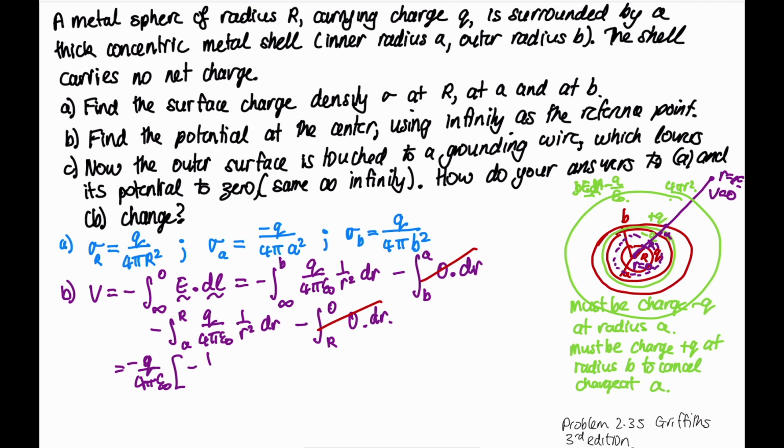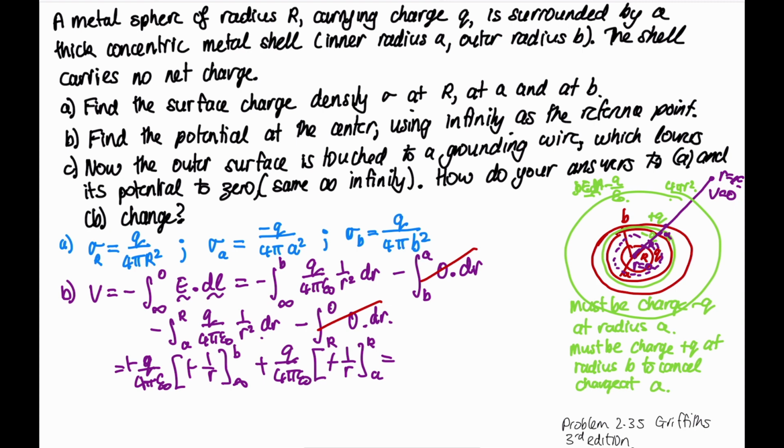So that'll give us minus 1 on r, and we're going from infinity to b. And this is the same integral, so this will be minus q over 4 pi epsilon naught, but we've got different limits here. So this is minus 1 on r, but now we're going from r to a. So let's substitute in our limits. You see how we've got double negatives everywhere. So let's just make everything a plus.